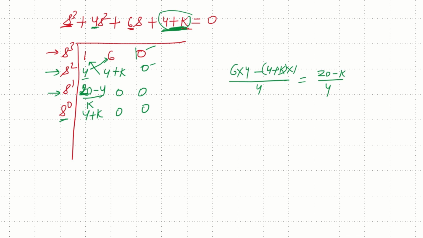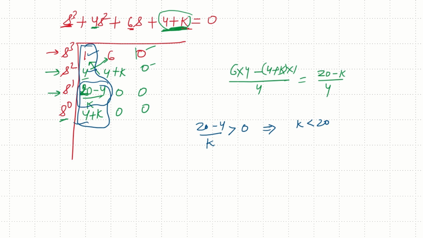Now it is given that the system is stable, hence there should not be any sign change in the first column of this Routh table. These are positive values, hence this value should also be positive. So (20 minus K) divided by 4 should be positive, and we can say that K should be less than 20.